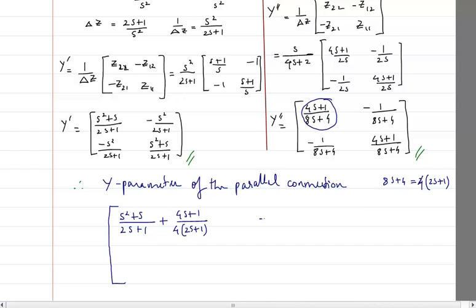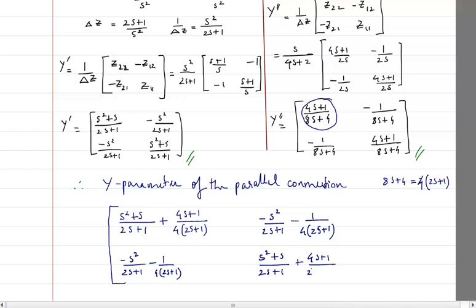The second case I am going to have is minus of s square divided by 2s plus 1 minus, the second case also I am going to write 4 times 2s plus 1, and here again it is going to be minus s square divided by 2s plus 1 minus 1 divided by 4 times 2s plus 1, and here it is going to be again s square plus s divided by 2s plus 1 plus 4s plus 1 divided by 4 times 2s plus 1.